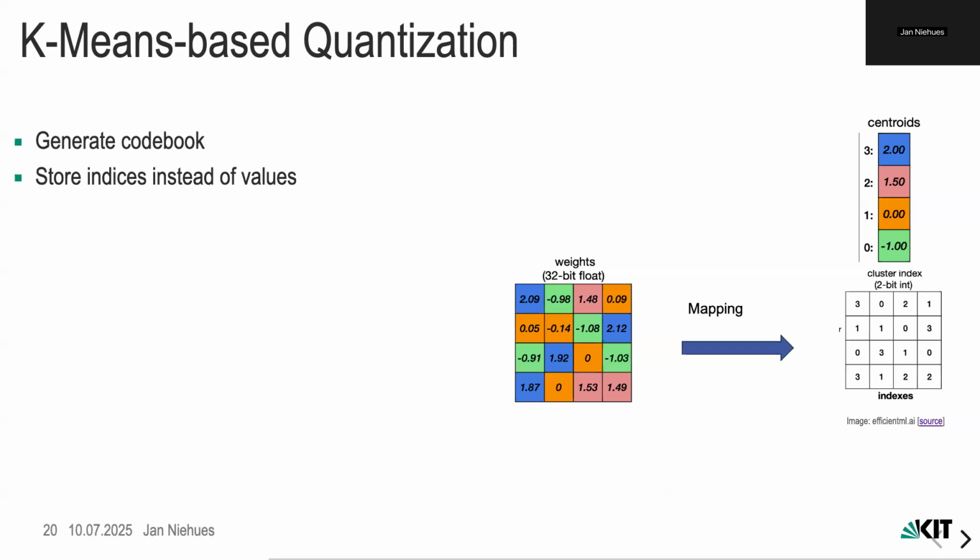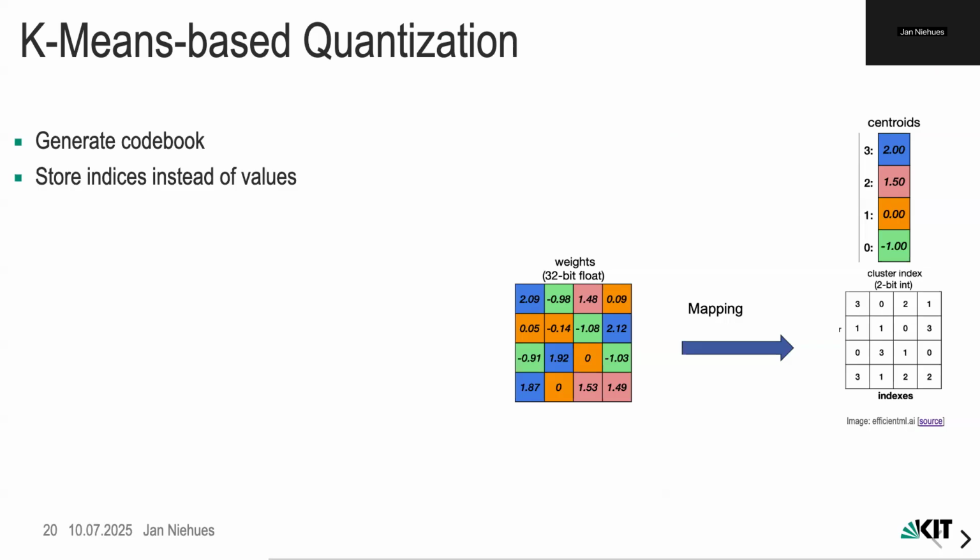So you have here your full matrix, 32-bit floats, very detailed. Now you have your centroids, and you look into which class each one goes to. So on the top left, it's 2.09, that's nearest to 2, so you store your 3 here. And then we have the -0.98, it's nearest to -1, so you store your 0 here.